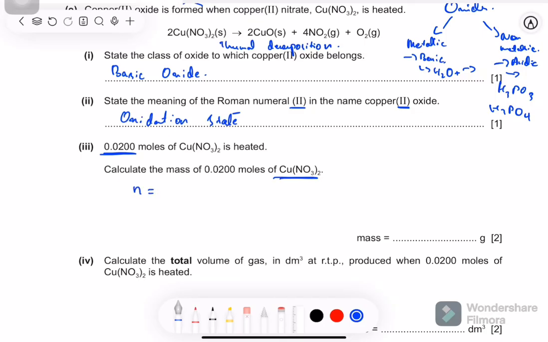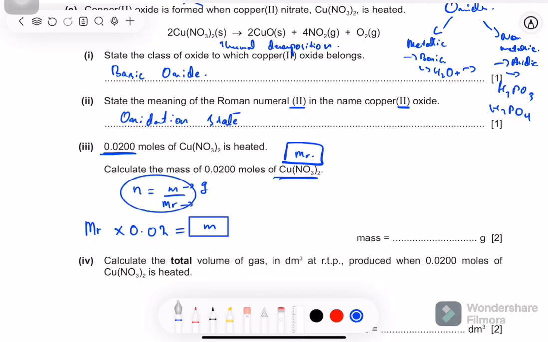The formula is n equals m over Mr. This m is mass in grams, and this Mr is what we calculate from the compound's formula. We are given 0.02. We have to calculate mass. So if we multiply the number of moles with the Mr, we get the mass in grams. You just have to remember this equation, and you can manipulate it as you like depending on what they are asking.